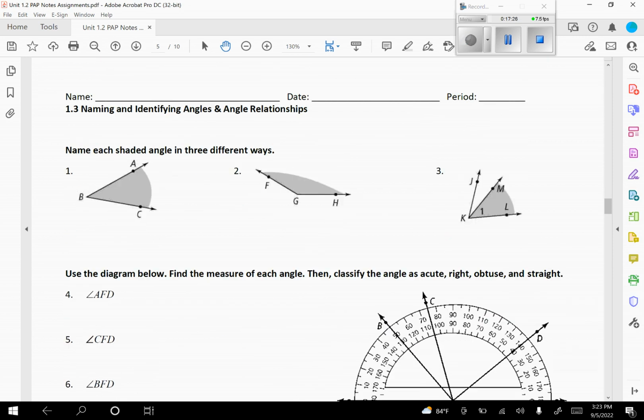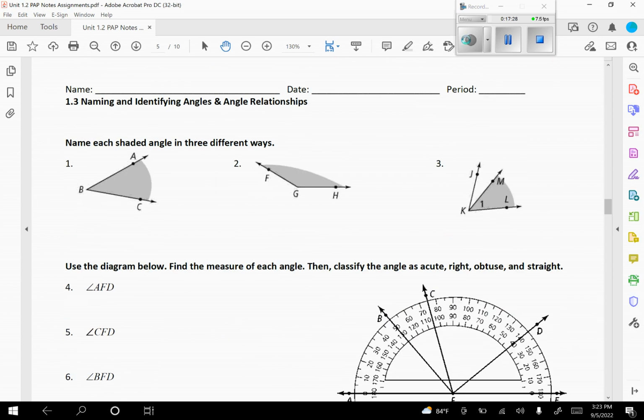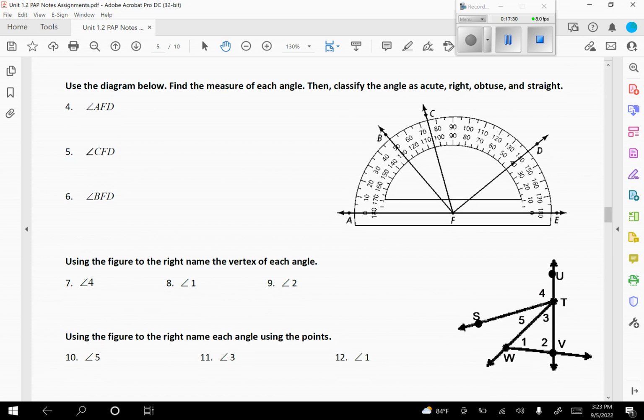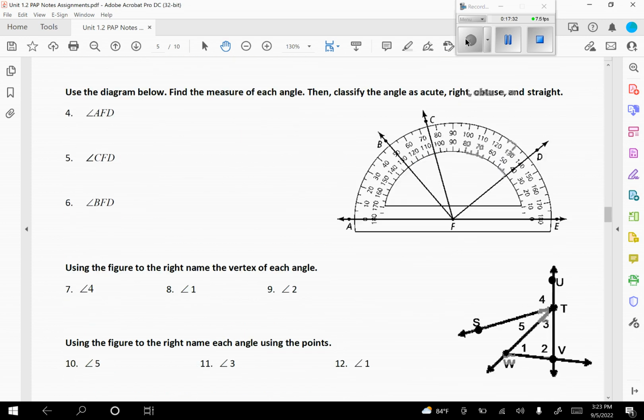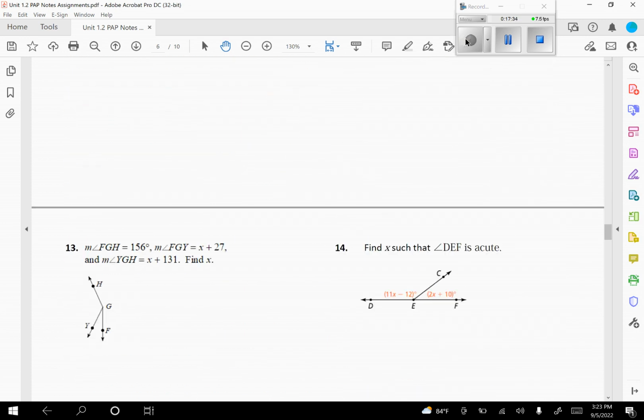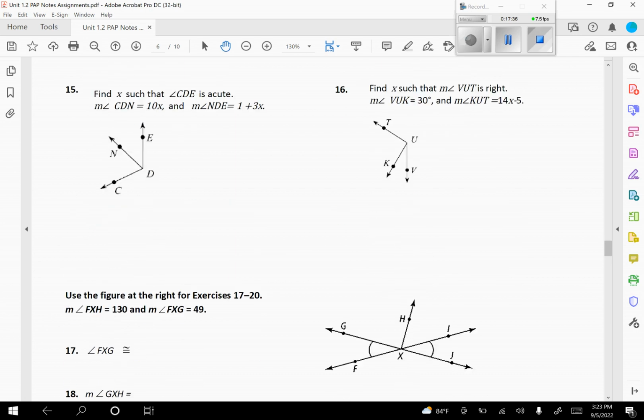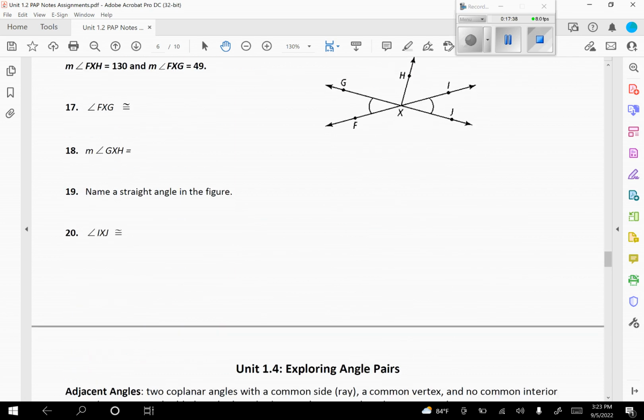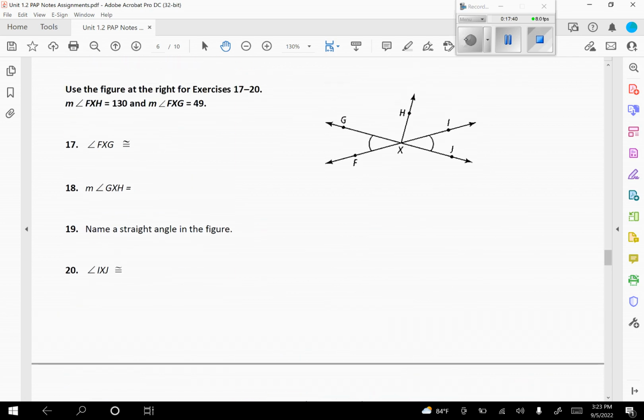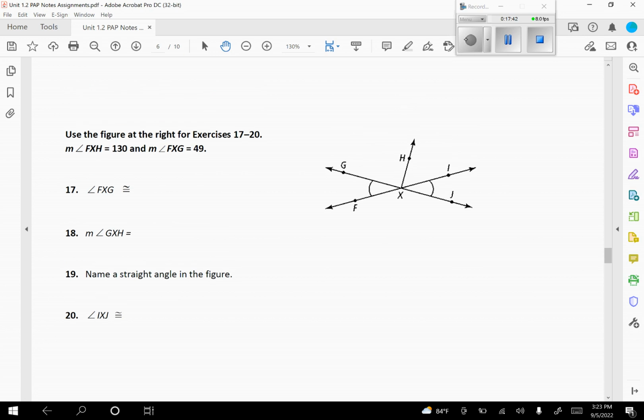All right, so assignment here. For today, what you guys are going to need to do is to complete the assignment. Just go through here and use all the examples that we've done. On these ones here, 17 through 20, you can make the assumption that line FI and line JG are straight lines, okay?